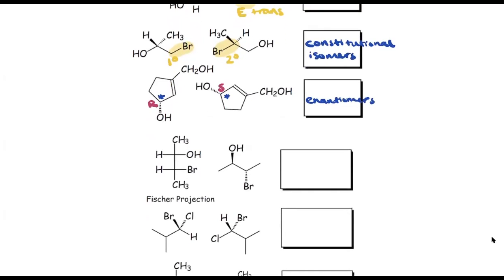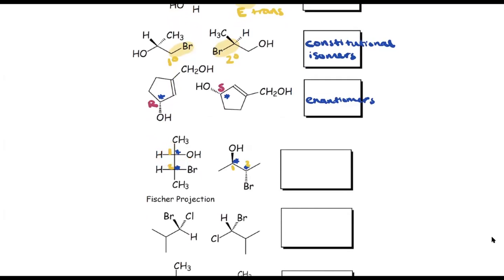All right, next one. You see that I have a total of 2 chiral centers here, so I want to find out what my absolute configuration is for each. For this, it might really help you to number your carbons just to make sure that you're dealing with the same thing. So this will be 1, this will be 1, and then this will be 2. For the absolute configuration, I'm going to have 1, 2, 3.